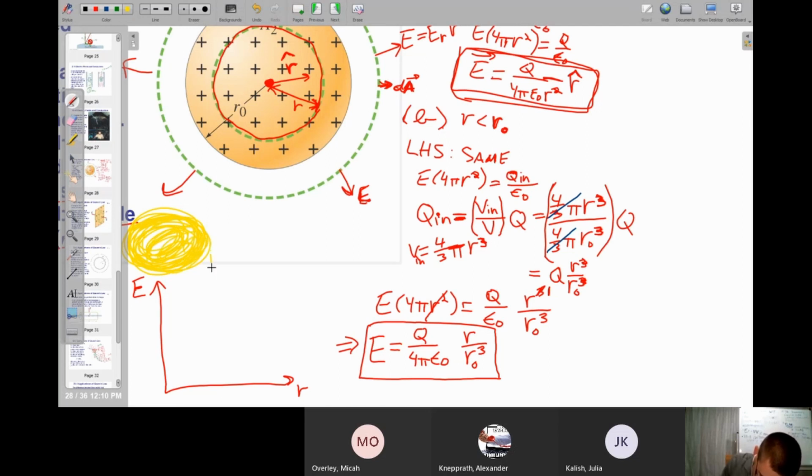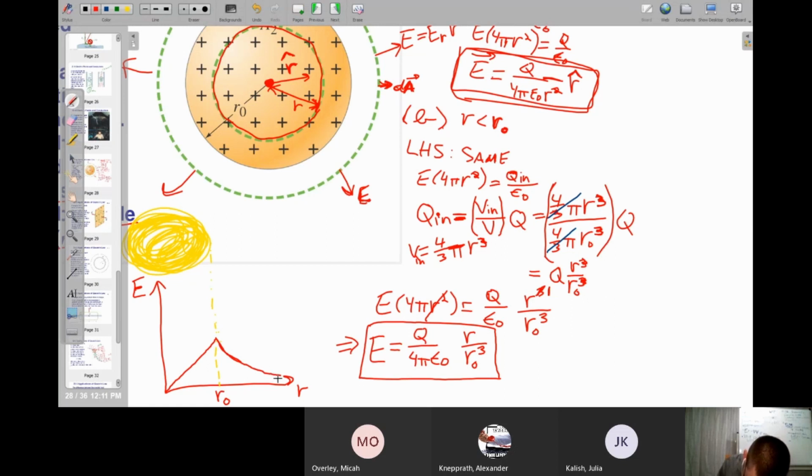Let's just say it goes out to here. This is the point R0. If I wanted to plot E as a function of R, it would increase linearly up to R0. Once we get to R0, it would drop off like 1 over the distance squared.